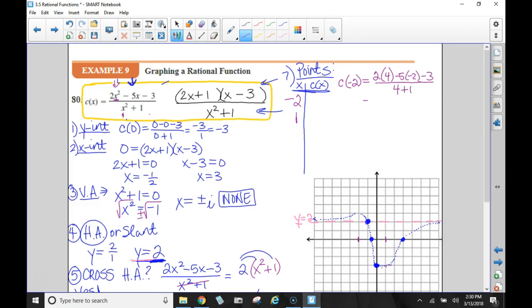All right, let's crunch all that and see what we got. We actually have 2 times 4 is 8. Negative 5 times negative 2 is a positive 10. Minus 3 over 4 plus 1 is 5. So let's see, I've got 18 minus 3, which is 15 over 5. 15 divided by 5 is 3. Hey, so this goes negative 2, 3.